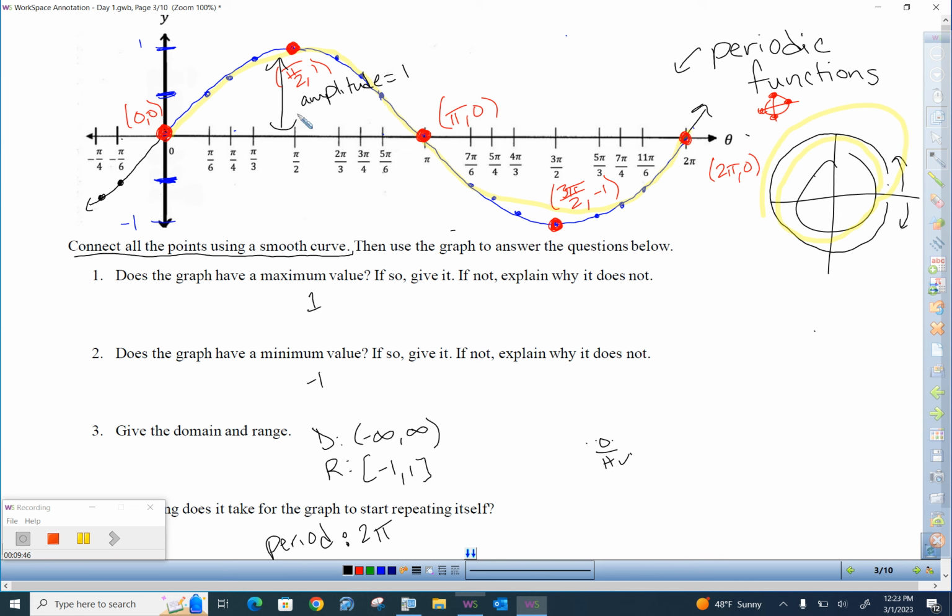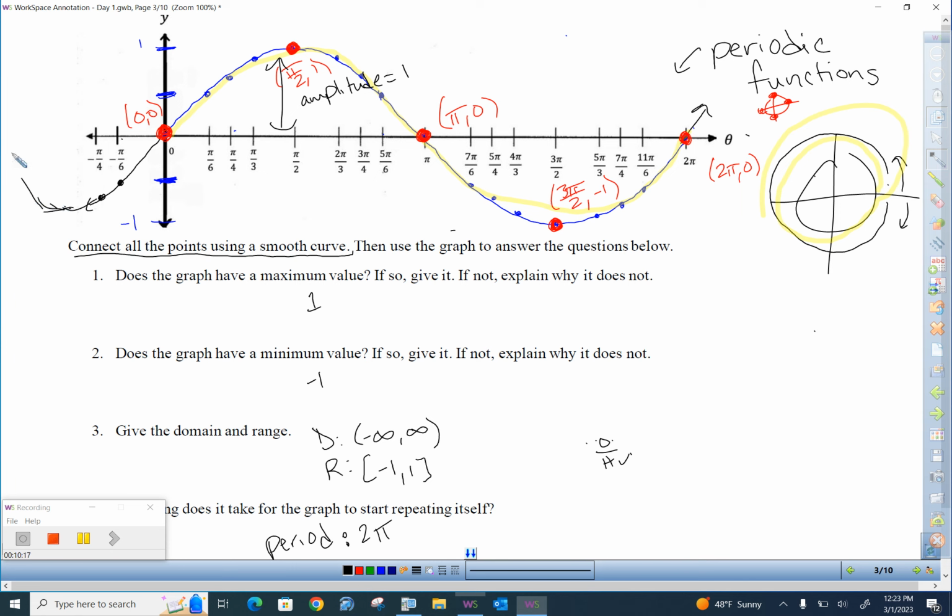And then we're also going to talk about how you can see the period from the graph more specifically. It takes 2 pi to start repeating itself, but it's not always obvious to see that from this 0 to this one, because it's not the same distance just between x-intercepts. It takes this full lap. So the easier way to see it, if you extend this over, I've got some more room over here, so I'm going to put it on this side.